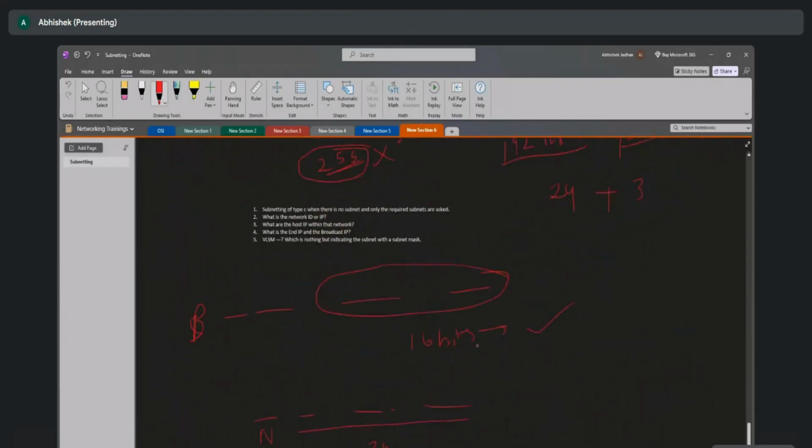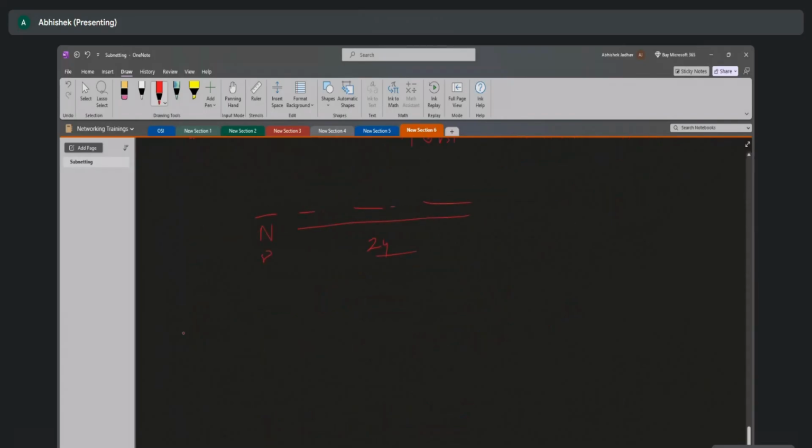Sir, most of the cases we will be using subnetting for only private IPs? No, it's not like that. You will be creating it for public IPs as well. That is the reason why you have to understand the range of IP addresses, right? If you know the range of IP addresses, it's easier for you to do subnetting. You can do subnetting for any IP in the world, according to the class.